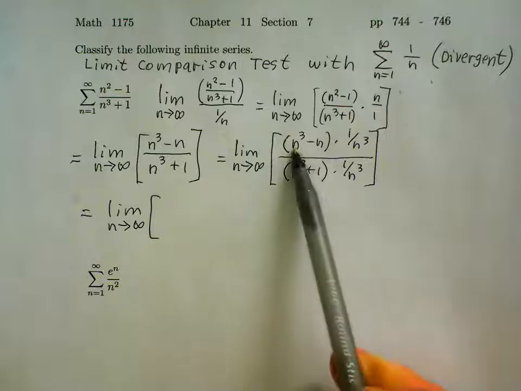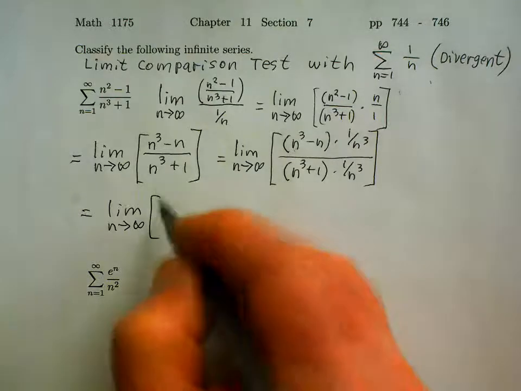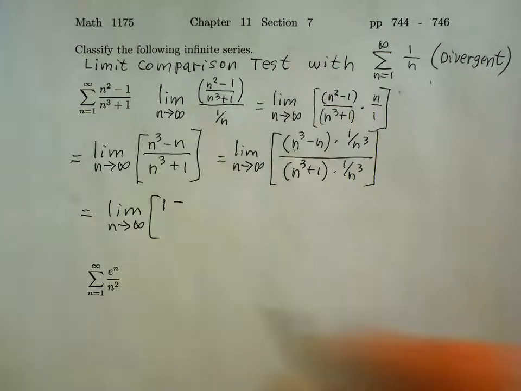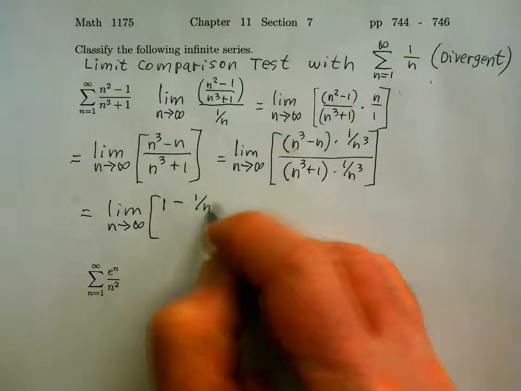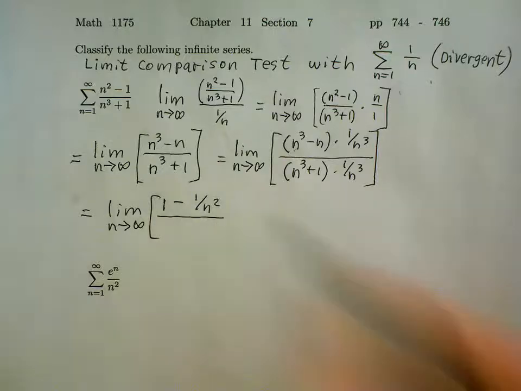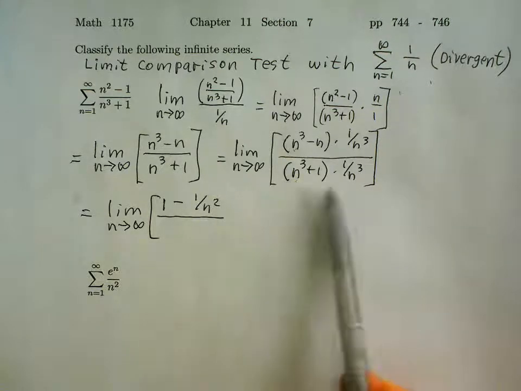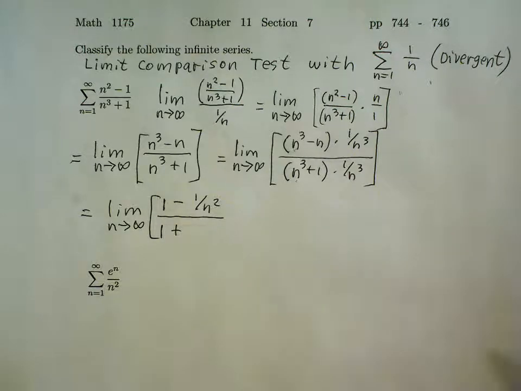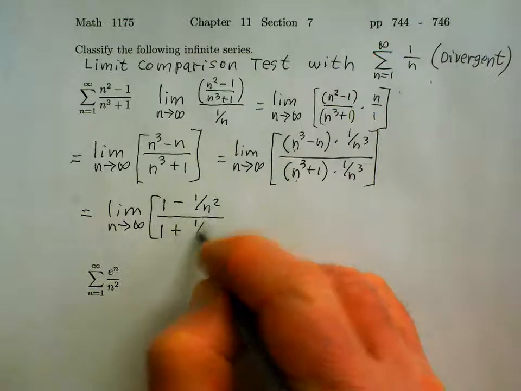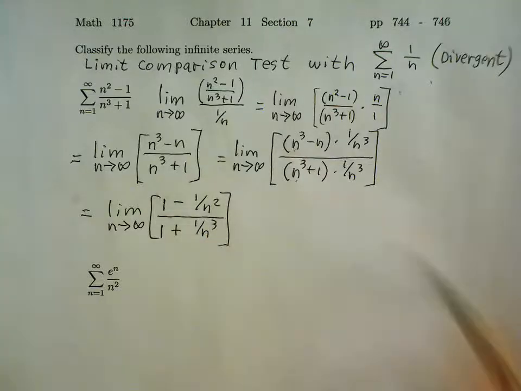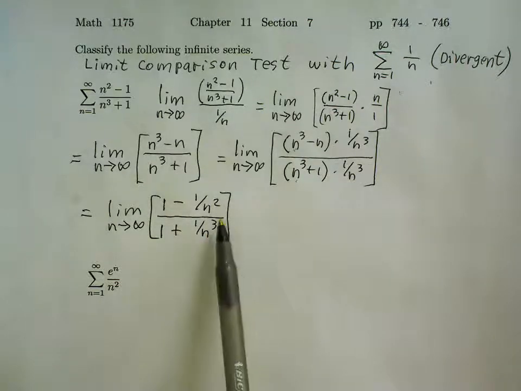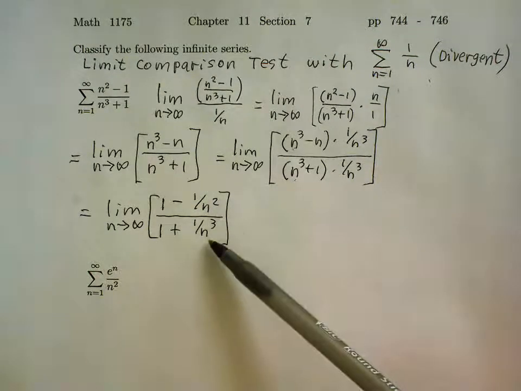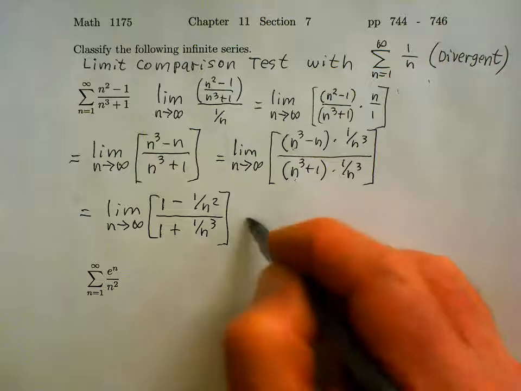All right, so n to the third times 1 over n to the third is 1, and then minus n times 1 over n to the third is 1 over n to the second. In the denominator, n to the third times 1 over n to the third is 1, and then plus 1 times 1 over n to the third is plus 1 over n to the third. And as n approaches infinity, the 1 over n to the second goes to 0, and 1 over n to the third goes to 0, so the limit is equal to 1.